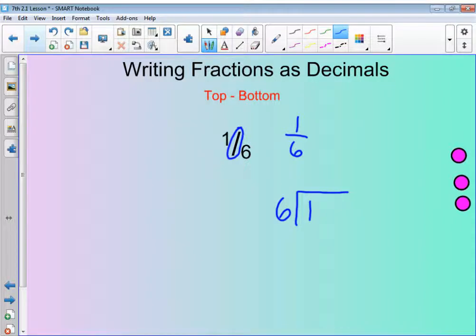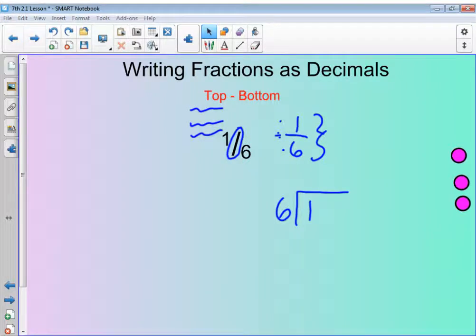I need to read this fraction just like I do in a book. The most common mistake is kids flip their numbers around. If I start reading in a book, I start at the top of the page and work my way down. I'm going to do that same concept with this fraction. So on my calculator, I'm going to punch 1, the divided button, and then 6.